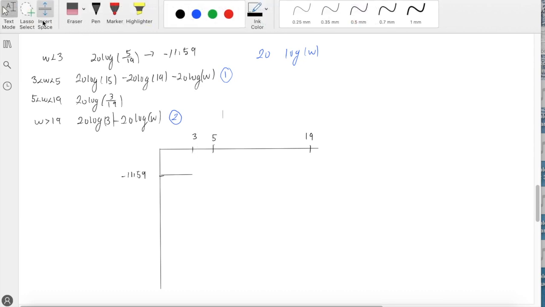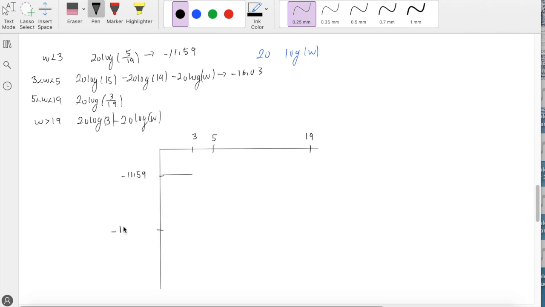So our next segment, let's actually erase these, the 1 and the 2. For this segment, we see that there is a slope of negative 20, but we want to find where this will end. So we plug 5 into w, and we'll find that it ends at negative 16.03.